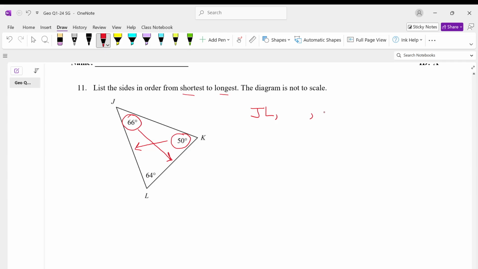So that's going to be KL. And the only side left is JK. So those are your side lengths from shortest side to longest side using angle measures.